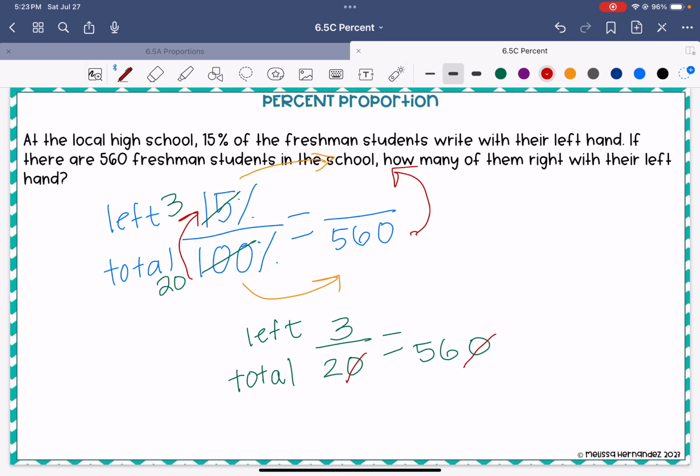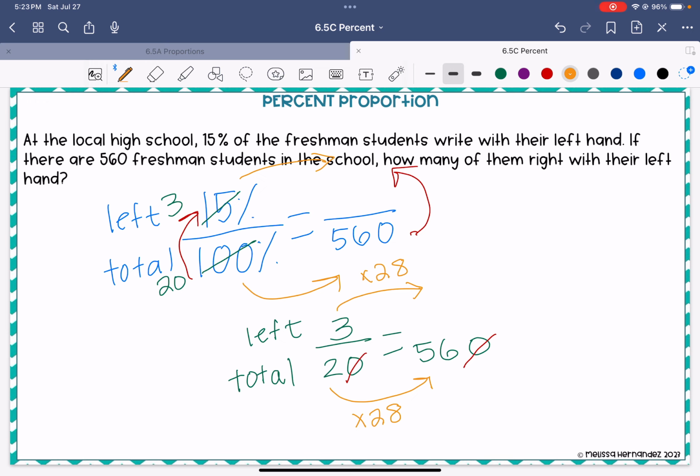How does 2 become 56? Well, let's think about it. 2 times 28 gives me 56, and whatever I do to the 2, I have to do to the 3.